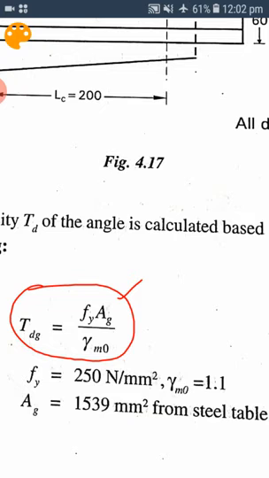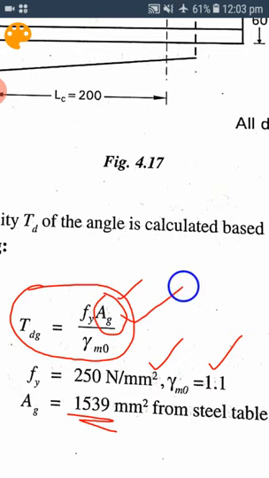So Ag into fy divided by gamma m0, where fy is 250 for the plate material, that is the yield stress of the material, and gamma m0 is the partial safety factor for the material. When you substitute these in the formula, you need the gross area of the angle section, which you will get from the steel table.